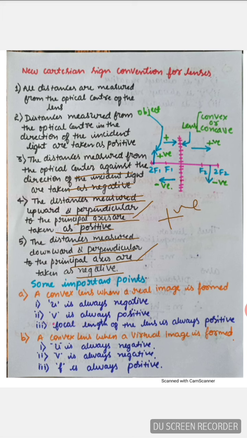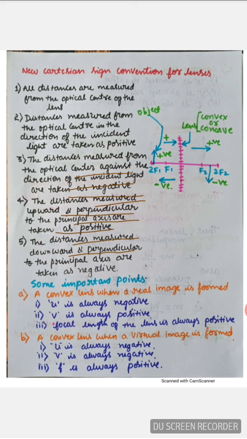In certain cases the height of the image will be positive and in some cases negative. In all virtual erect cases, if the image is erect, we consider it positive. If the image is real and inverted, we consider the height of the image as negative. Hope you are clear with the sign conventions in the case of lenses.